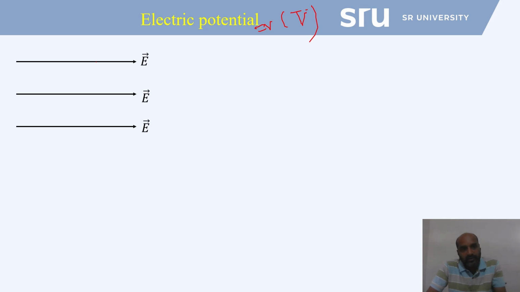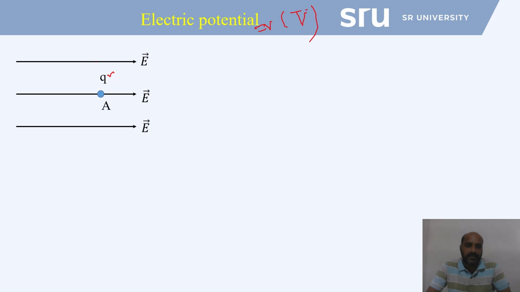Now in this uniform electric field, you randomly select a particular point A, where a charge Q is placed. A charge Q is placed at point A in the uniform electric field.